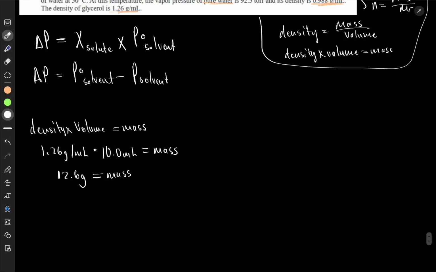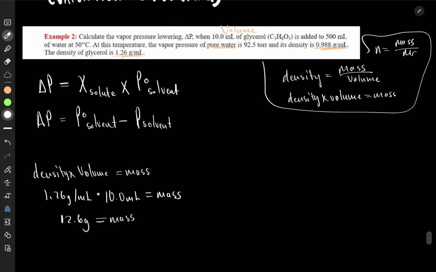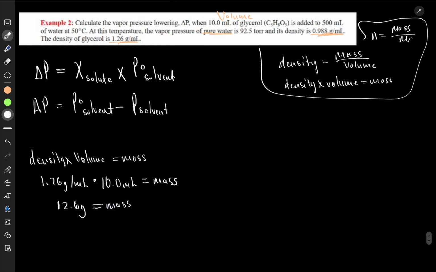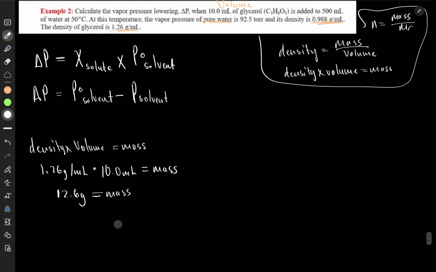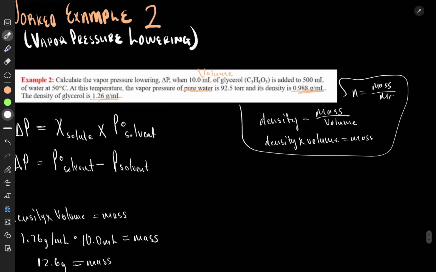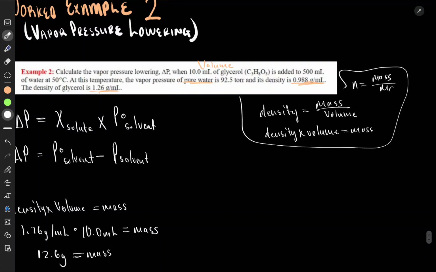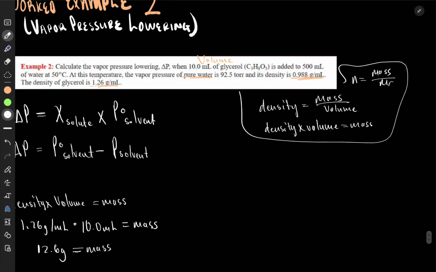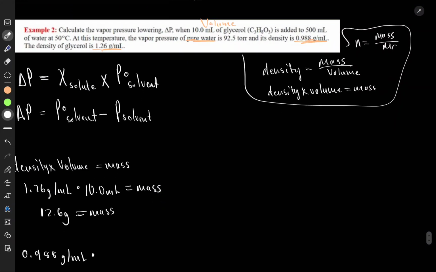Then I can get again the mass for the water. I'll need the number of moles of water. So I would say, what is the density of water? 0.988 grams per milliliter. So I'll skip a line. I'll say 0.988 grams per mil times what is the volume? The volume of water is 500 milliliters.